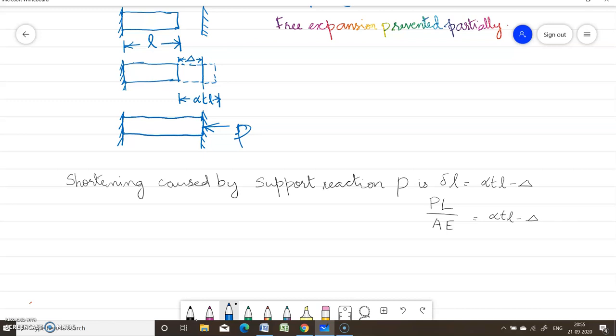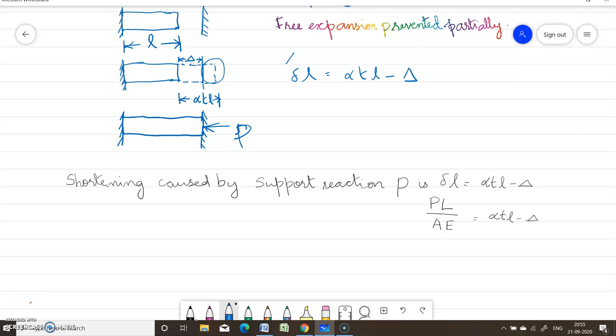Now here you can see this was the actual expansion, but this much expansion is prevented. So you can write the shortening caused by the support reaction. Let this capital delta be the actual expansion happening, and this much is the prevented expansion.